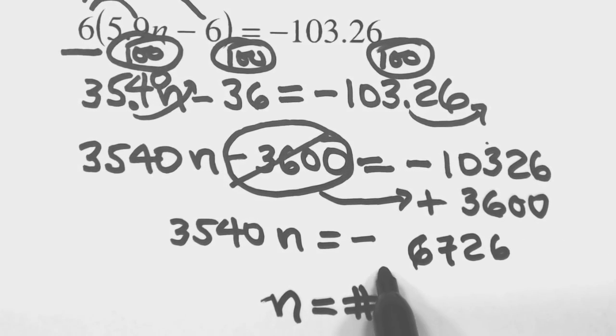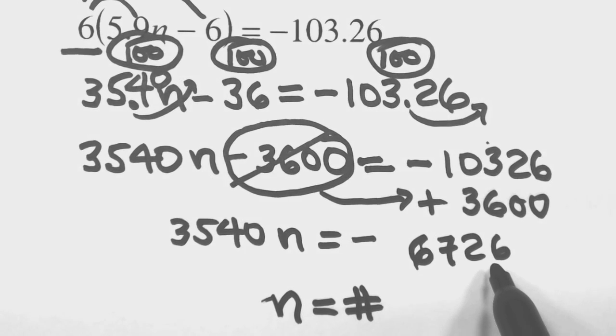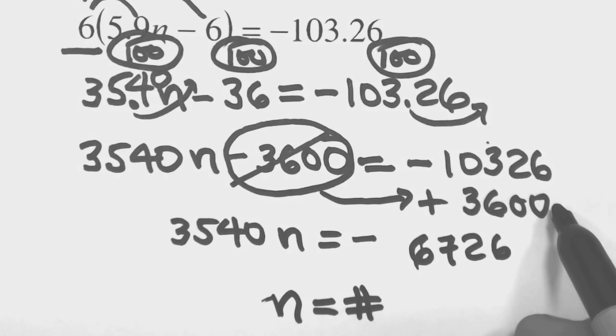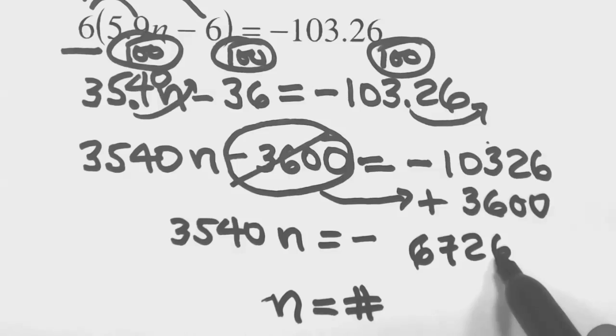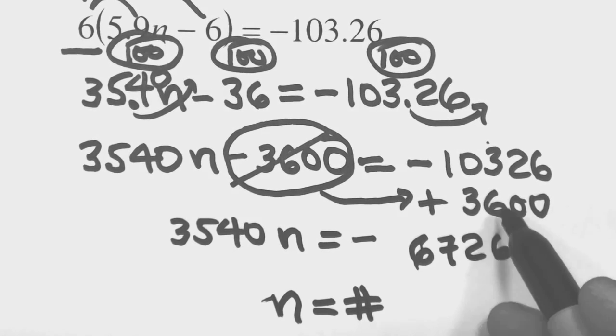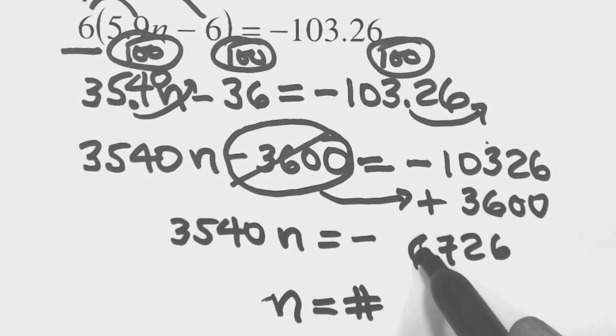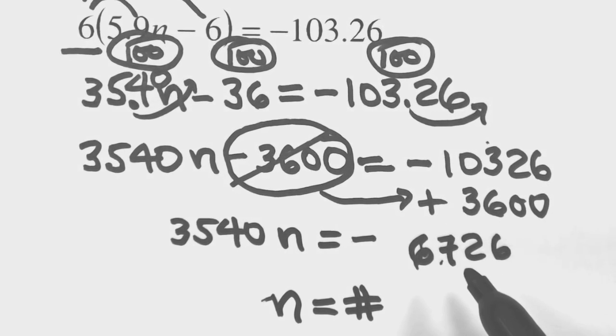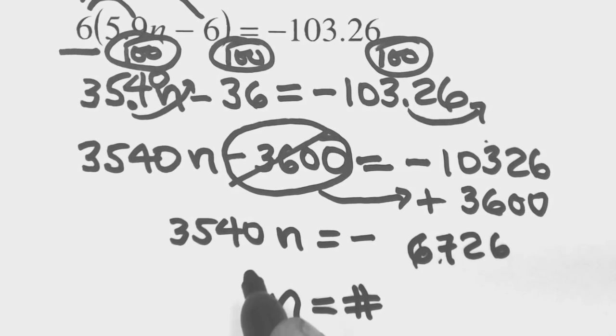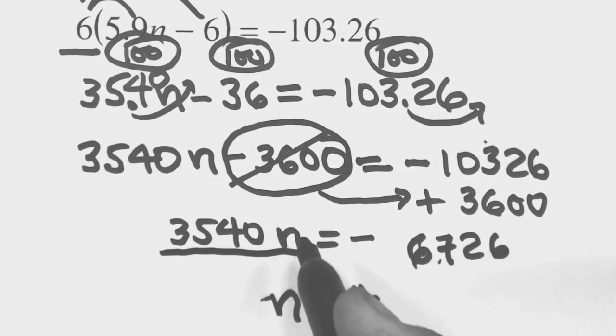Should be negative 6726. Now let's double check that by adding back to make sure we're right. 0 and 6 is 6, 0 and 2 is 2, 6 and 7 is 13, carry the 1, 3 and 6 is 9, and 1 is 10. Looks good.